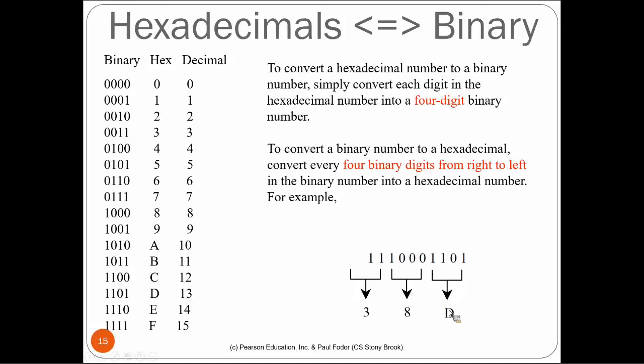If we have, for instance, 38D, we transform D into 1101, that is the first group on the right hand side, 8 into 1000, basically we take the mapping, and then 3 into 0011, and we delete the preceding zeros, because like in decimal, any preceding zeros do not make any change to the number. Like for instance, 012 is still 12, it's preceded by 0.